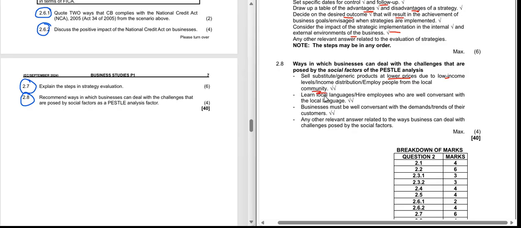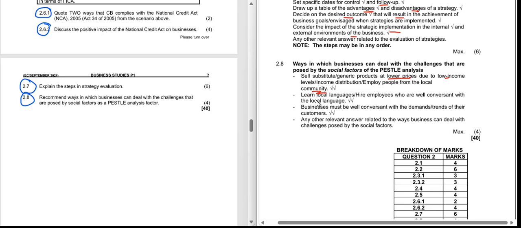If people have got this challenge of low income, they don't really have a lot of money, you also have to adjust your prices, right? That's why here they say sell substitute products at lower prices, right? And also try to employ the local community so that you can improve their income as well.